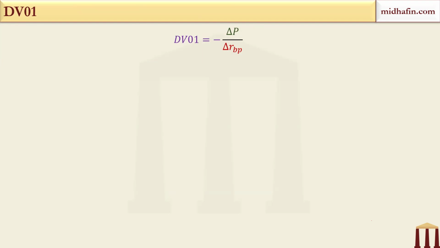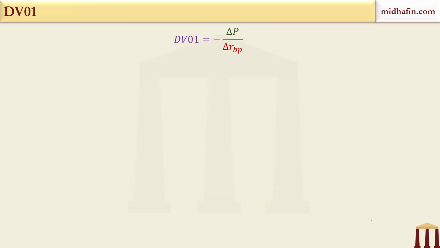We know that 100 basis points is equal to 1%, and in decimal terms, 1 is equal to 10,000 basis points, because 1% in decimal terms is 0.01. So 1 basis point in decimal terms will be 0.0001.